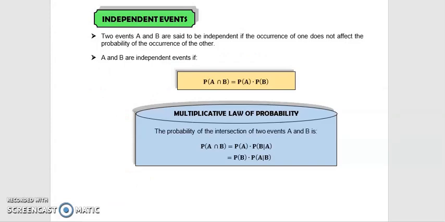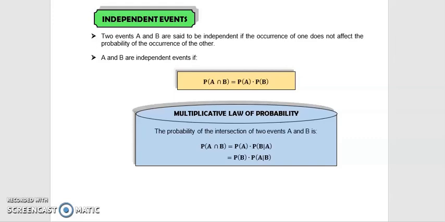Now let's look at independent events. Two events A and B are said to be independent if the occurrence of one does not affect the probability of the occurrence of the other. An example of an experiment is tossing a coin. The occurrence of the second outcome does not depend on the first outcome.